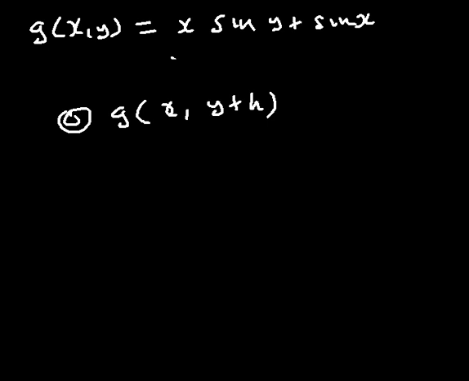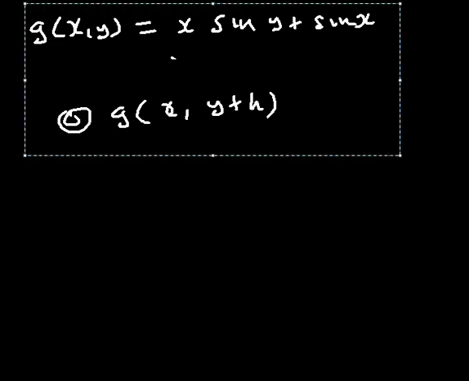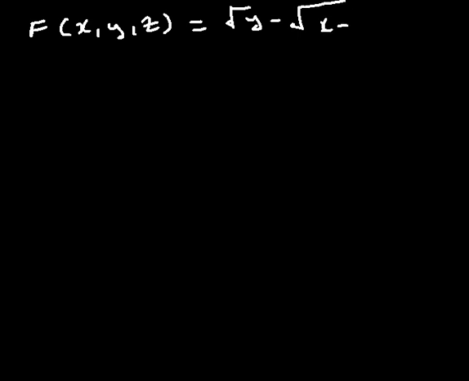Now, what if we have the function given as this? Let's say we have the function f of x, y, z given as the square of y minus the square of x minus 2z.